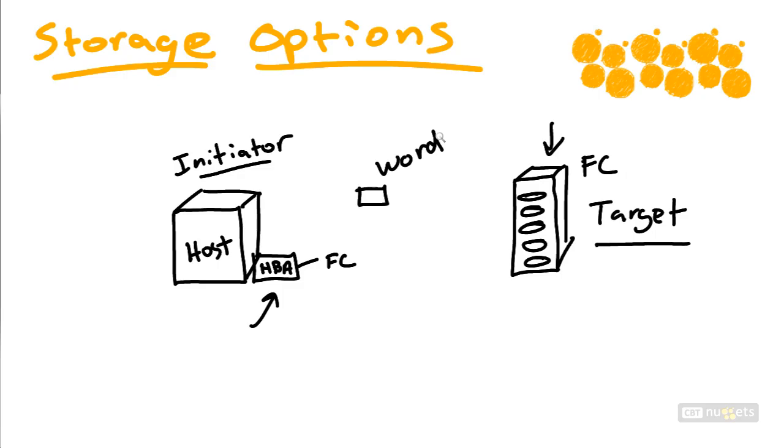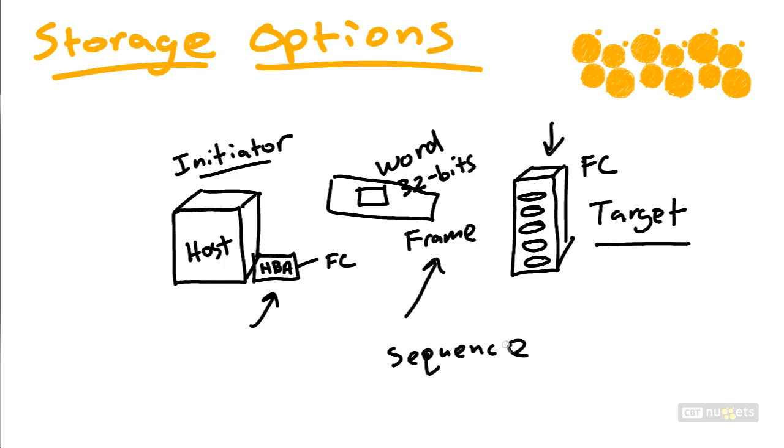A word is 32 bits. A set of frames that are being sent by one of our nodes is called a sequence.